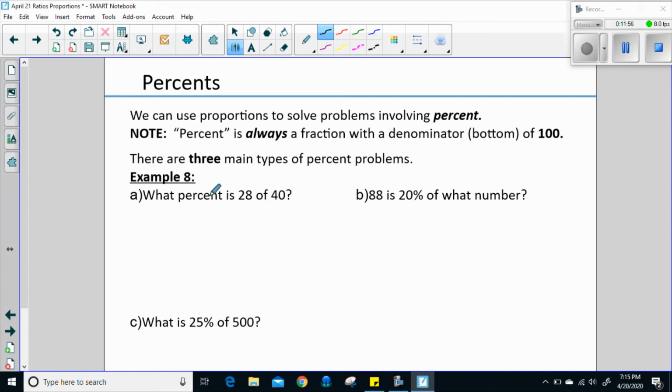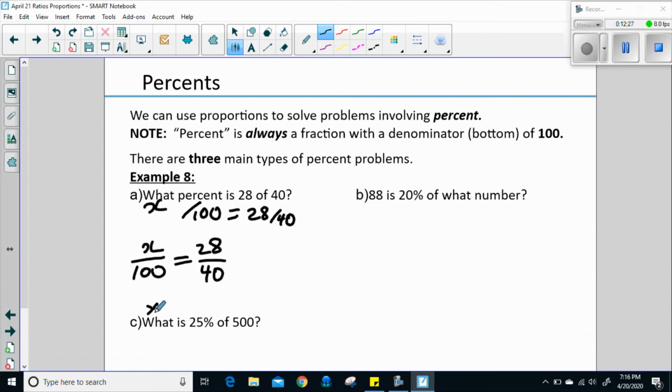First question, what percent is 28 of 40? Okay, so what percent means out of 100, is means equals 28 of 40. So the 40 is what my total is. So decoding these is very important. Once I've decoded it, now I can cross multiply and I can solve.